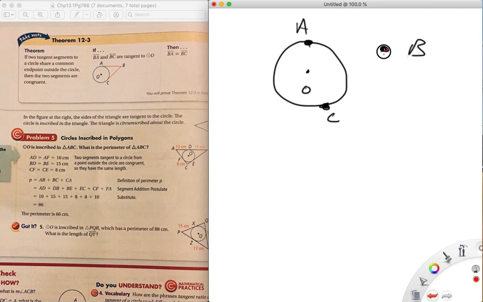If that's the case, I'll change that point of tangency. Let me do it like this. Okay, they meet at point C.